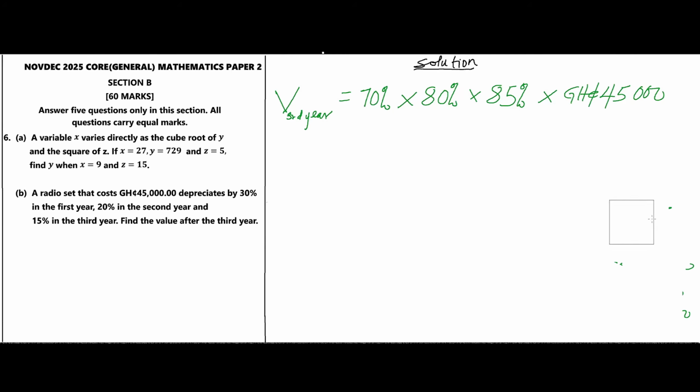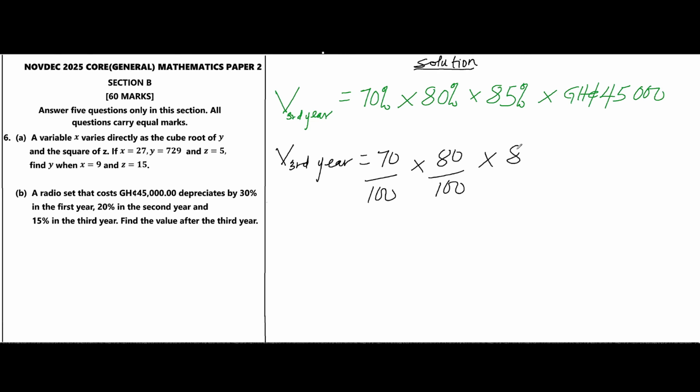So let's simplify. So the value after the third year is 70%, that is 70 out of 100, multiplied by 80%, 80 out of 100, multiplied by 85%, 85 out of 100, multiplied by 45,000.